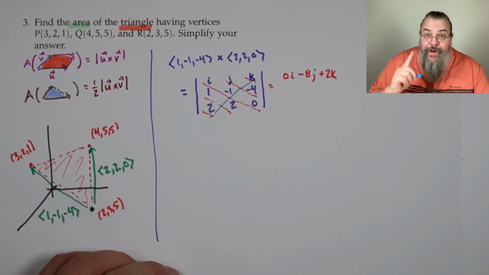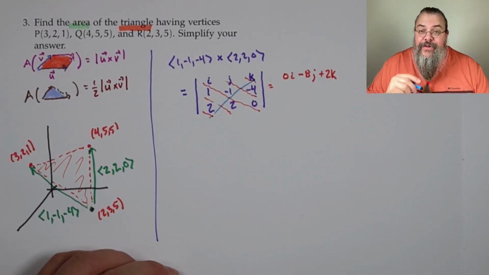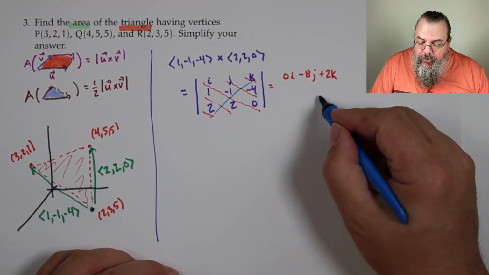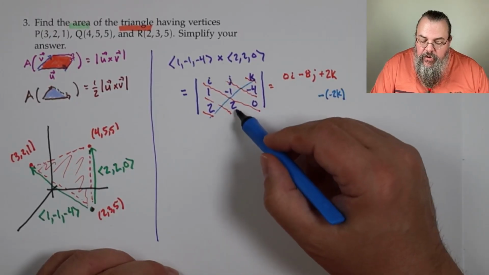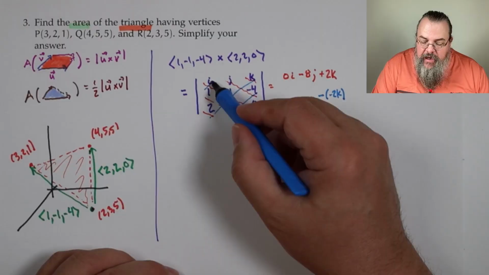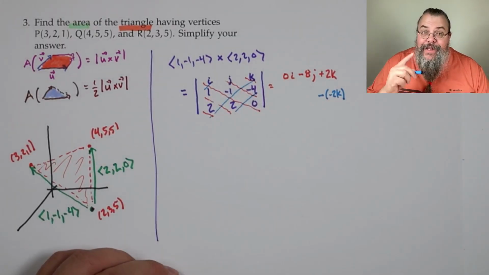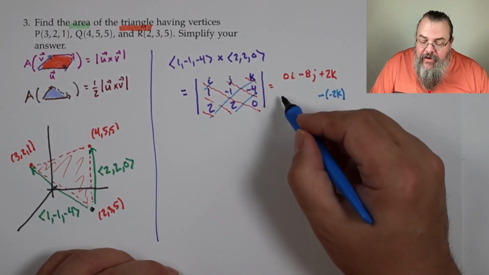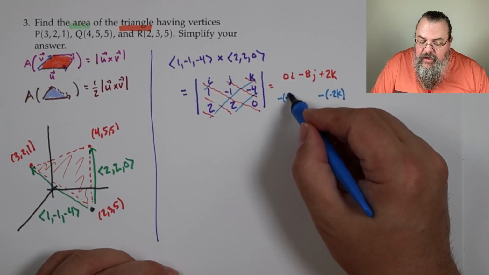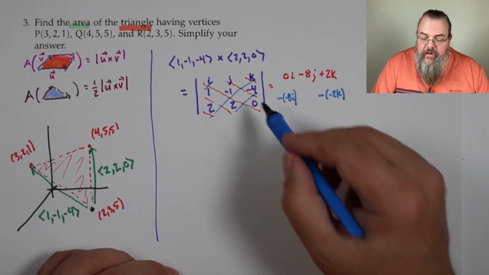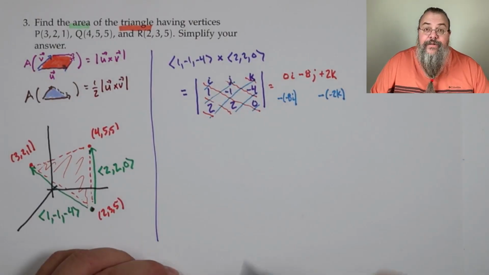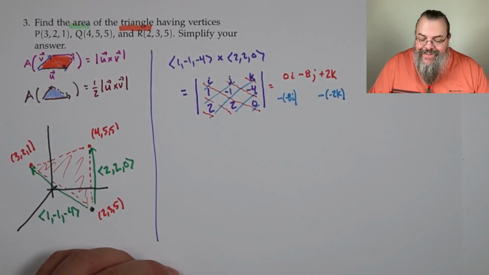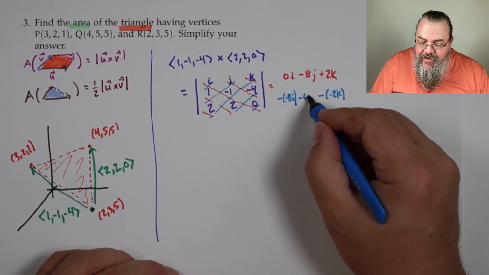It's -2k. But we're going uphill, so we're going to subtract. So subtract -2k. 2 times -4 times i. That's -8i. But again, going uphill, subtract negative 8i, and then 0 times 1 times j. That's 0j. We're going to subtract it. So subtract 0j.